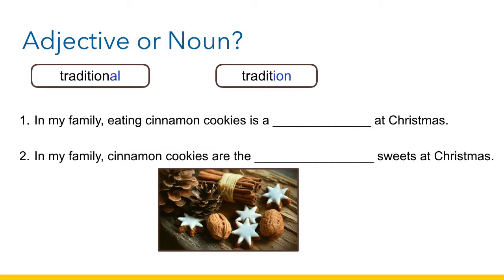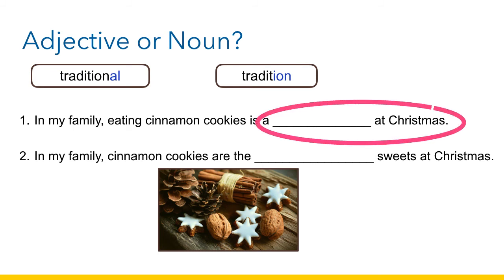And finally, what if you have to choose between an adjective or a noun? Let's look at number 1. In my family, eating cinnamon cookies is a at Christmas. What? We see a, after a we need a noun phrase, but we don't have a noun phrase here.